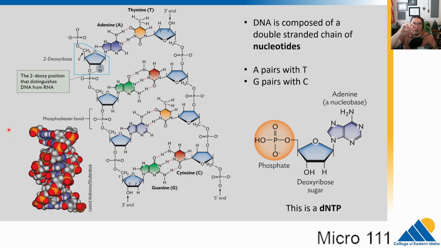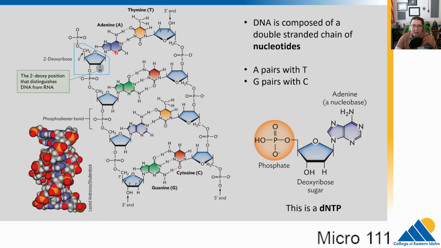Remember, Rosalind Franklin's image from the X-ray crystallography indicated that it was helical in shape. And you'll notice that on the outside are the sugar and the phosphate, and on the inside of the double helix are the nucleobases, the information piece. So each one of these is a nucleotide or a dNTP, and the information is stored in these letters here.